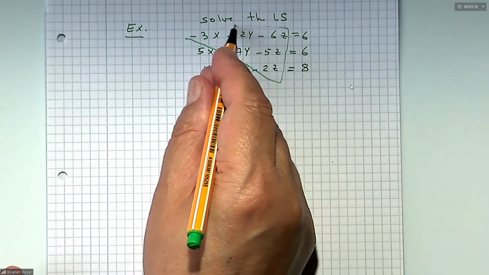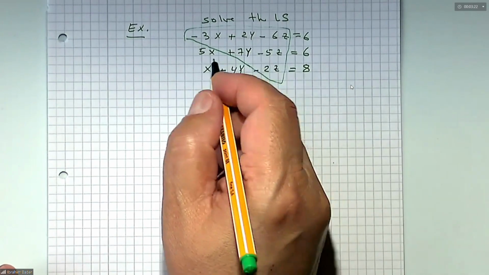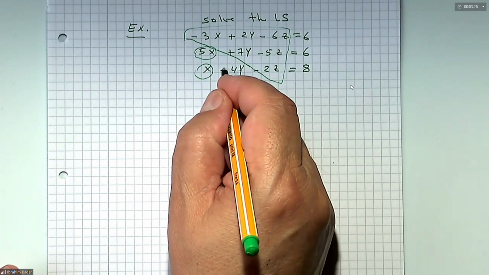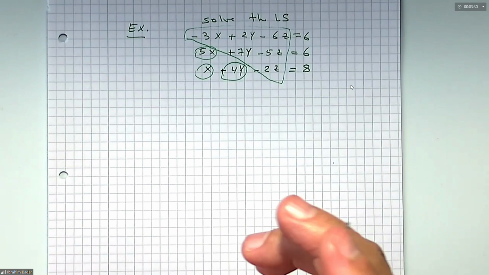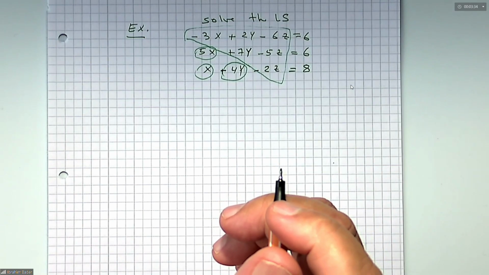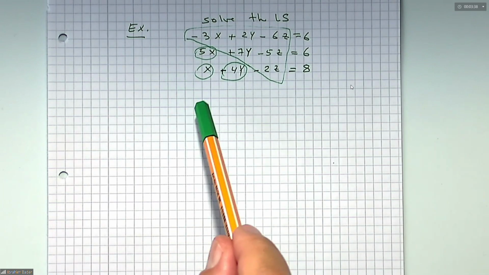Okay, so meaning here that systematically in each step you will be eliminating one of these circled elements using the row operations. Okay, how to do this? You will be starting by eliminating one of these.